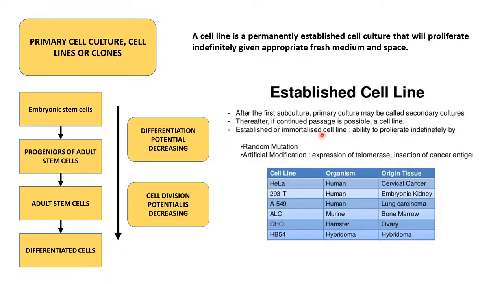But if you establish a cell line out of a primary cell culture, it means you are converting them into an immortalized system which is able to proliferate indefinitely. And how can you do that? By giving them cancerous properties like random mutations, like expression of telomerase, like insertion of cancer genes.